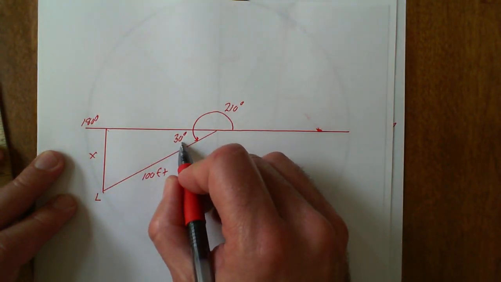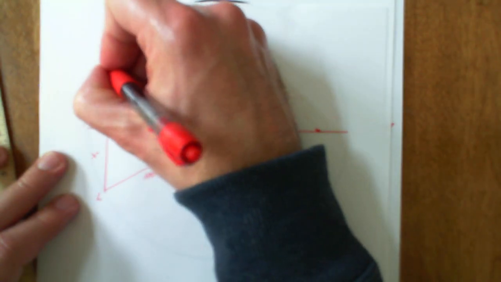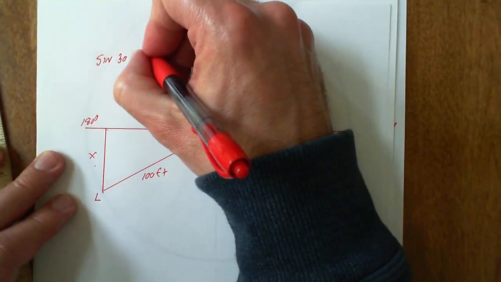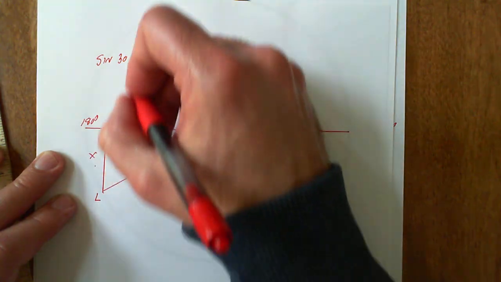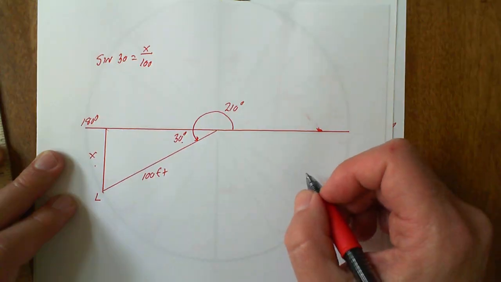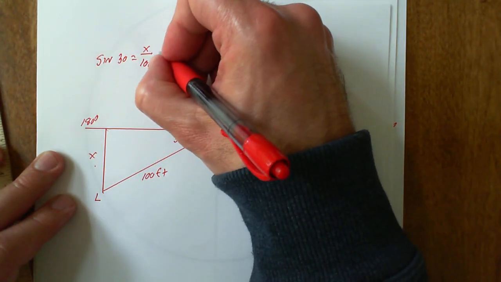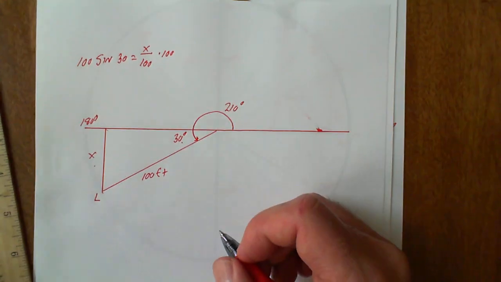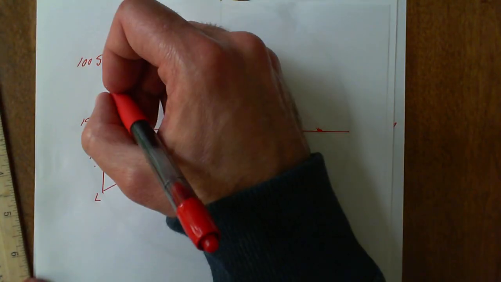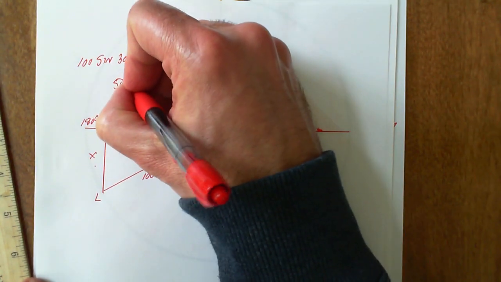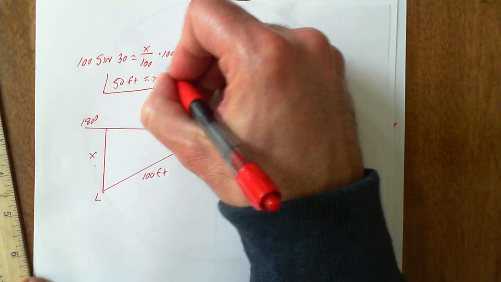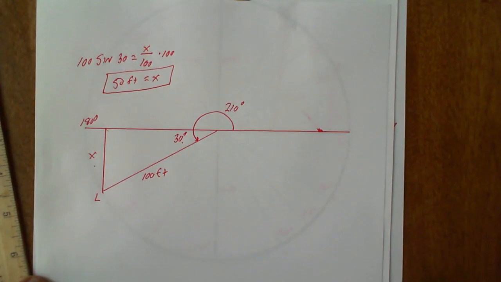We say sine of 30 equals opposite x over hypotenuse 100. Then I multiply both sides by 100, and sine 30 times 100 is going to be 50 feet.